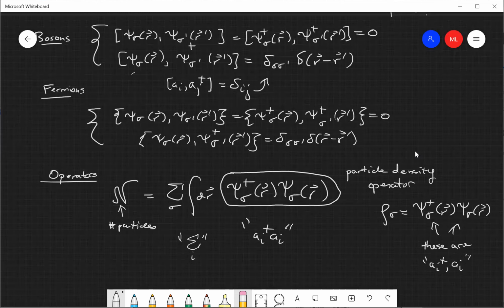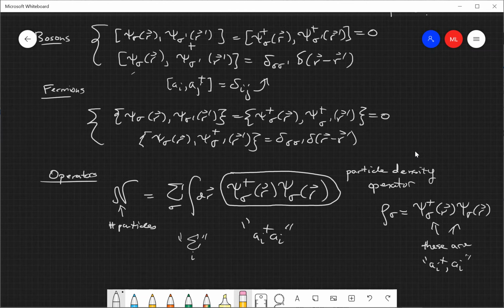Something important to keep in mind, and this is why this is called second quantization, is because first quantization is the introduction of wave functions for a single particle, and then in second quantization your quote unquote wave functions get promoted to operators, the creation and annihilation operators for creating particles in particular locations.